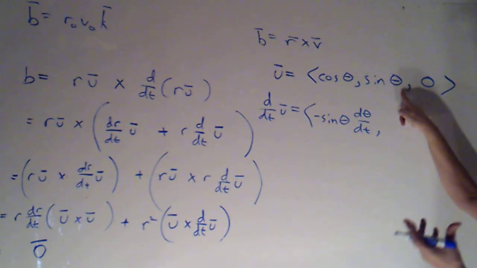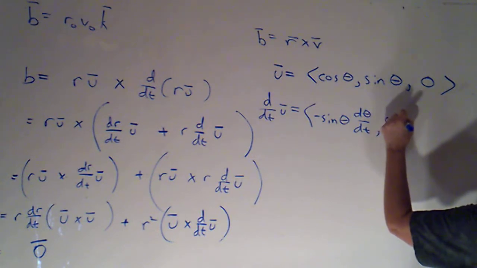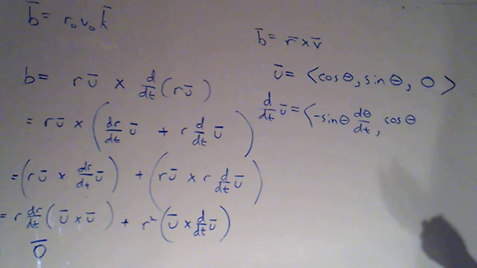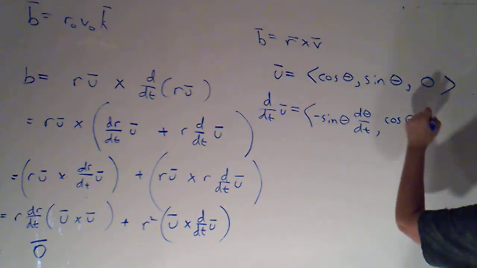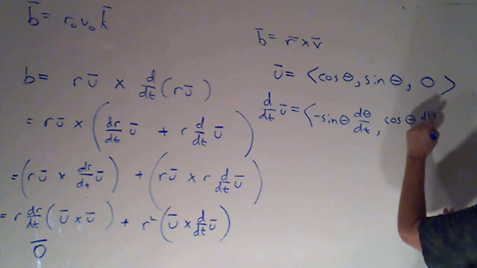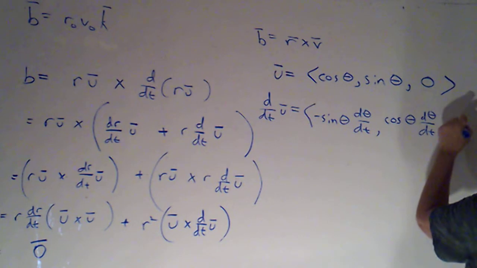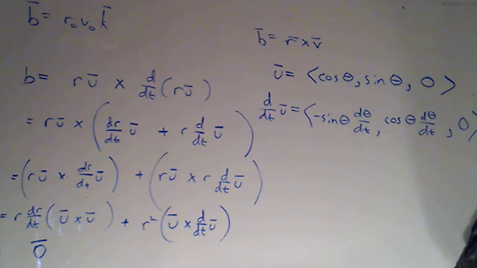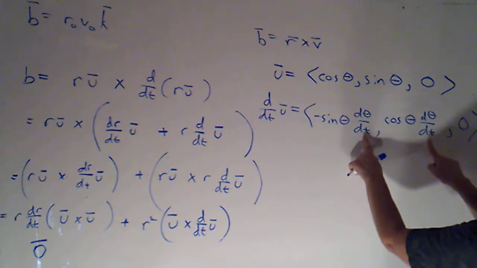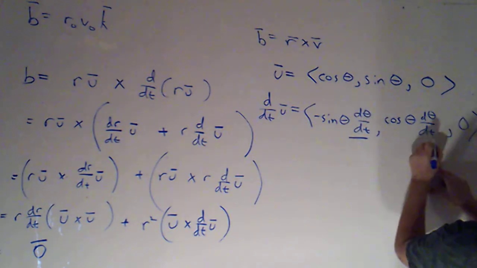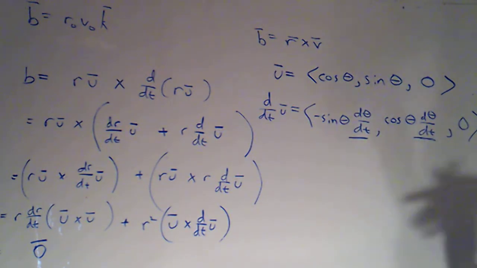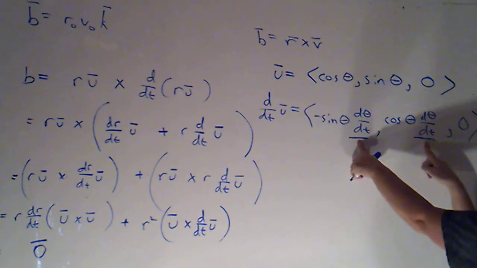The derivative of sine theta with respect to theta would be cosine of theta, and then we multiply that by the derivative of theta with respect to time. And of course, the derivative of 0 is just going to be 0. Okay. Now, this is the same scalar valued function that shows up in both of these components.